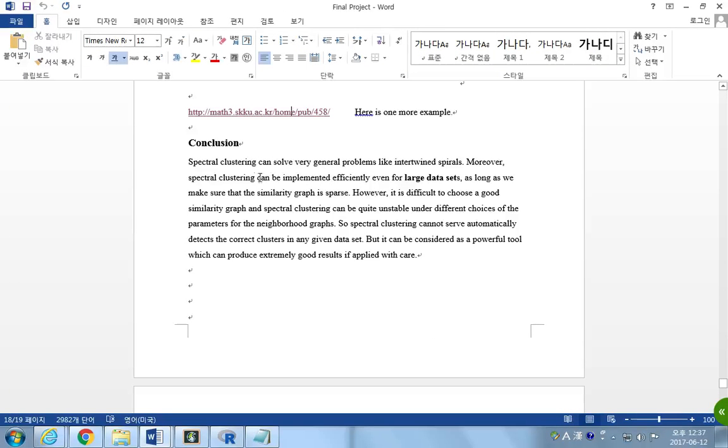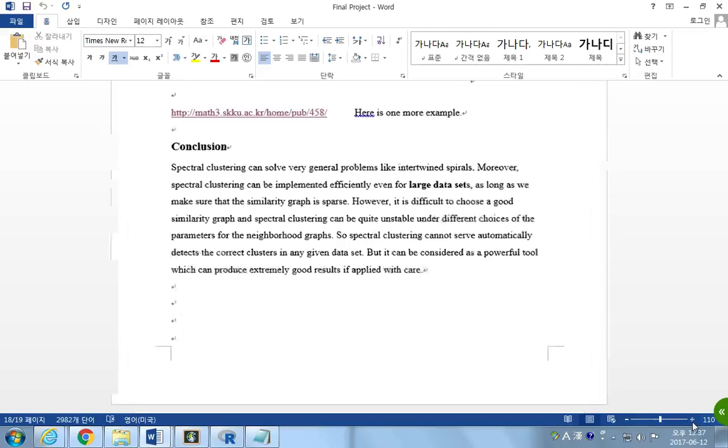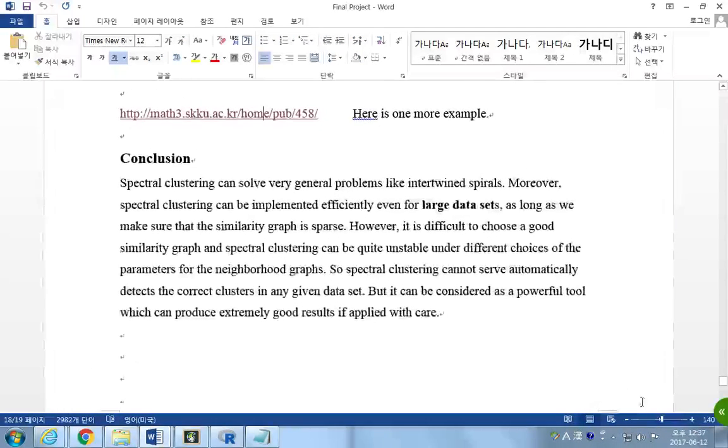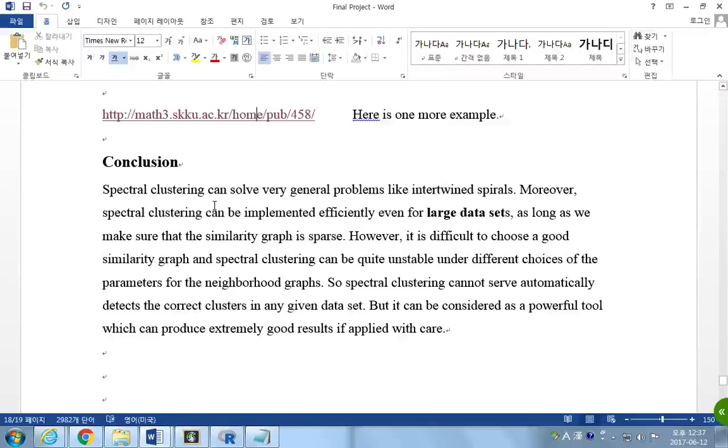Conclusion. Spectral clustering can solve very general problems like intertwined spirals. Moreover, spectral clustering can be implemented efficiently even for large data sets, as long as we make sure that the similarity graph is sparse.